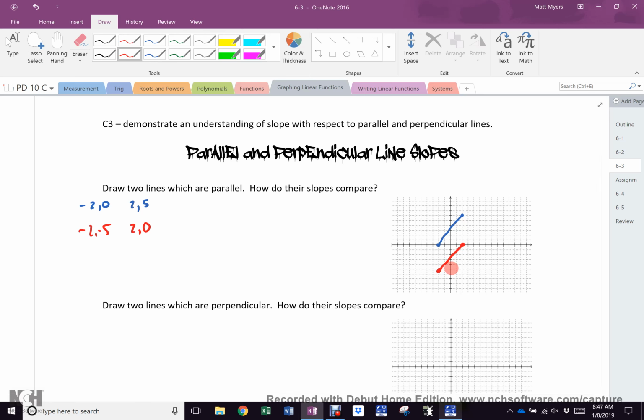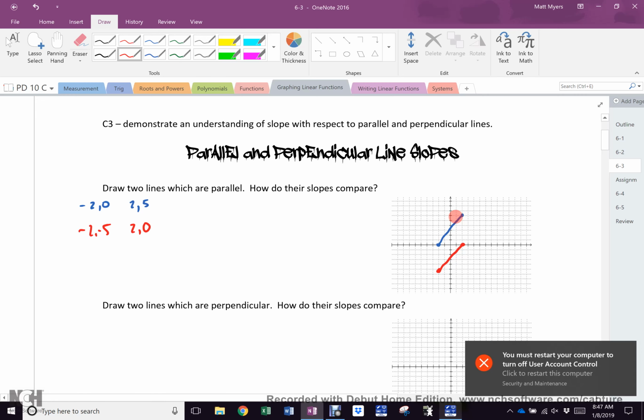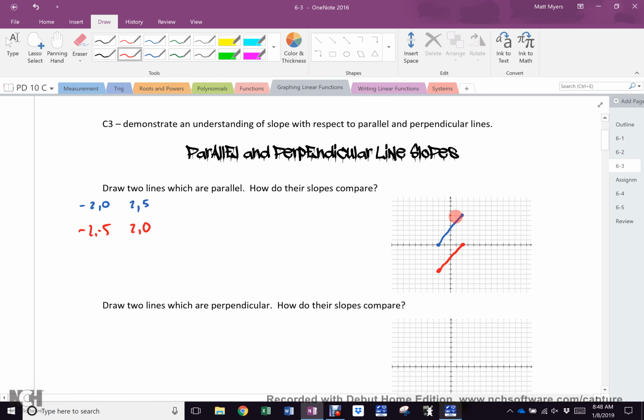Now, what have I done? I have made parallel lines because the blue line has just slid down 5. Everyone remembers this from grade 7, 8, 9 transformations, moving shapes around but keeping the same shape, right? So I've got a shape, it's a line, I've moved it down, it's the exact same line, yes?